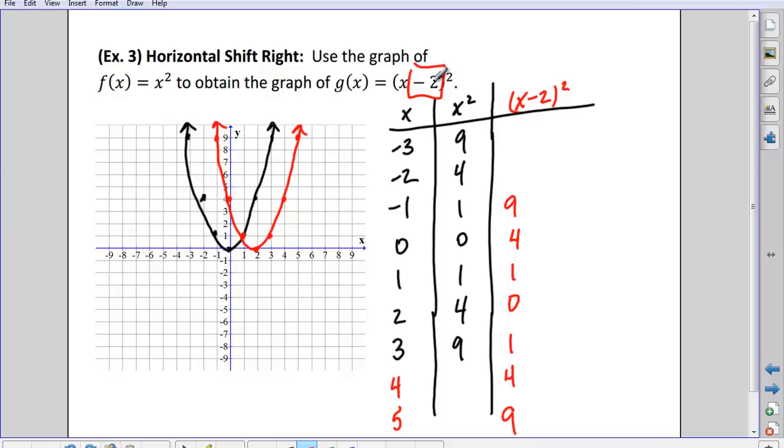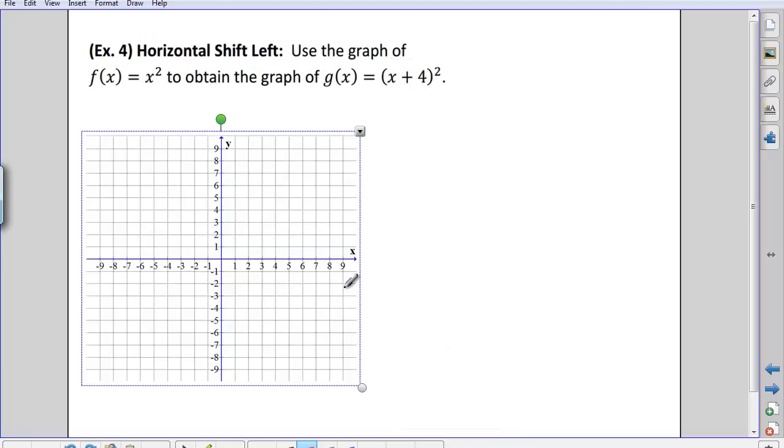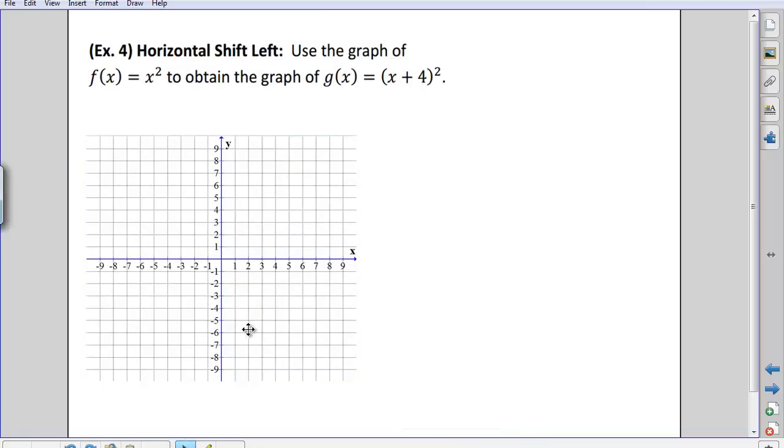You would expect x plus 3 to go to the right, but here x minus 2 shifts this thing to the right 2 units. Okay, interesting. All right, let's look at this.